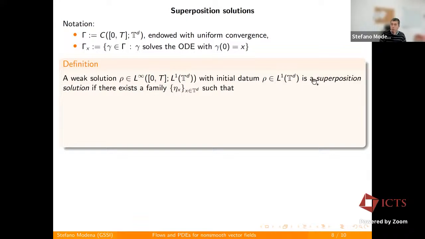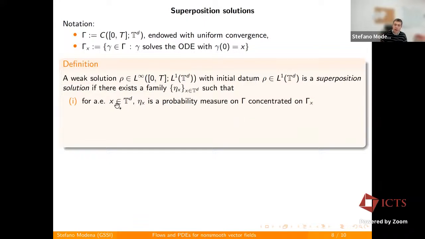Then we say that this weak solution is a superposition solution if there exists a family eta_x, depending on the parameter x, which is the point on the torus, such that two properties hold. The first property is that for almost every x, this eta_x must be a probability measure on Gamma. Gamma is a Banach space with the sigma algebra of Borel subsets, so I can put probability measures on that.